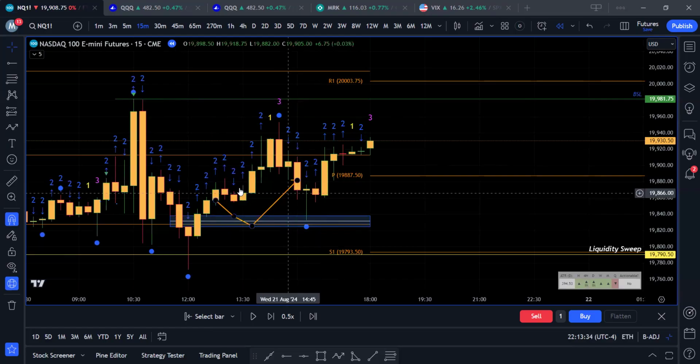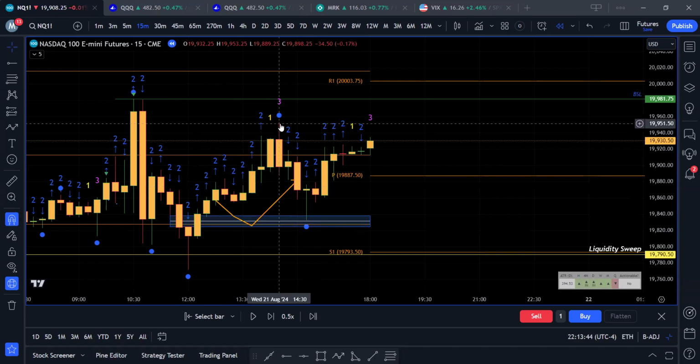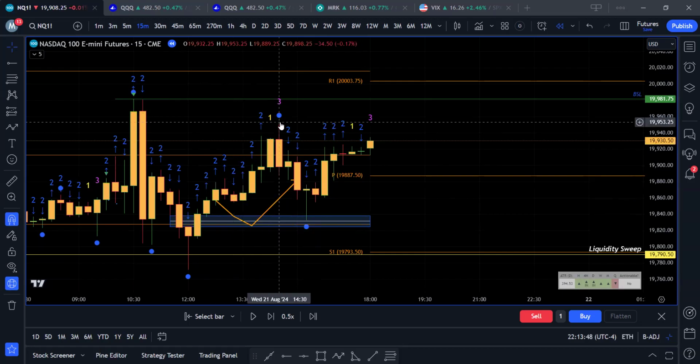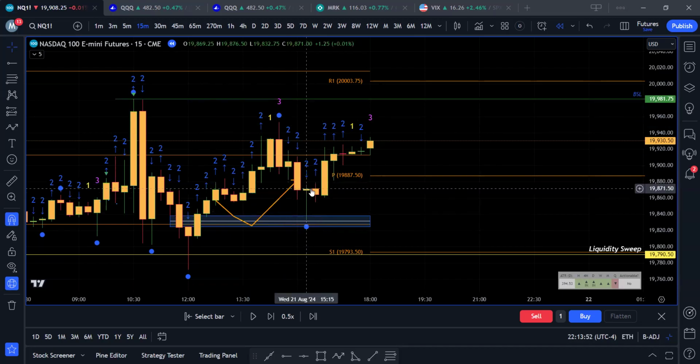Could have even taken this dip here, 2-2 reversal. Maybe not as profitable, comparable, right? But goes 2-2 reversal all the way up to the highs again, from 19,868 up to 19,953. Or could have even taken this hammer. I'm sorry, not this one.